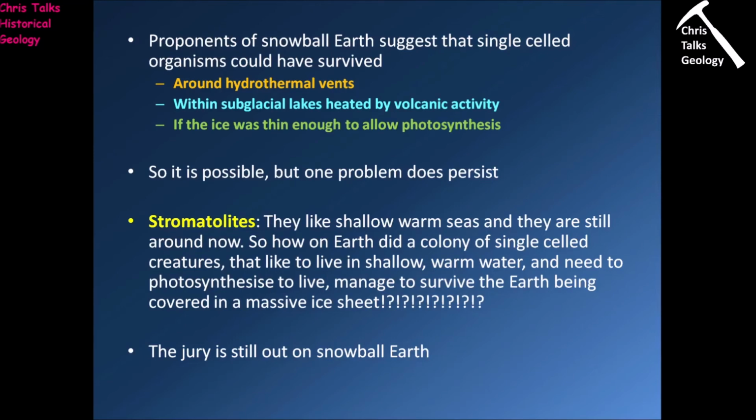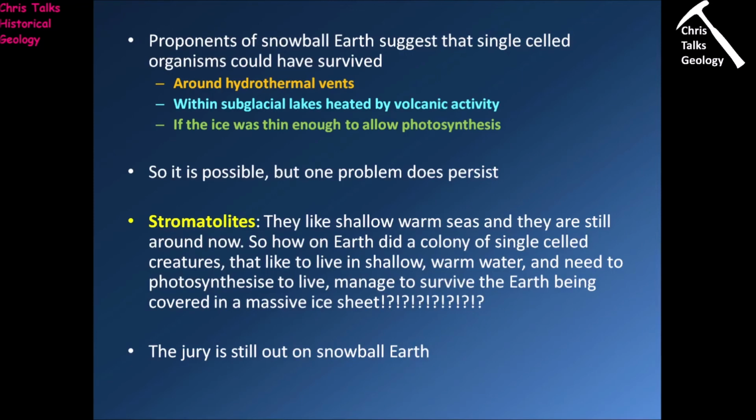Another possibility is that life could have survived in subglacial lakes. A subglacial lake is where you have an ice sheet sitting directly over the top of a volcano. Now, as I'm sure you can probably guess, volcanoes by their nature are warm areas of crust. And so the ice sheet is going to be heated up by the heat coming from the volcano, and that's going to cause the bottom of the ice sheet to melt.